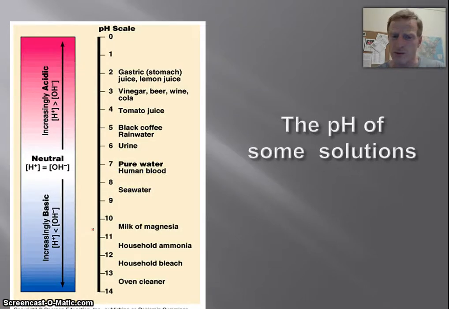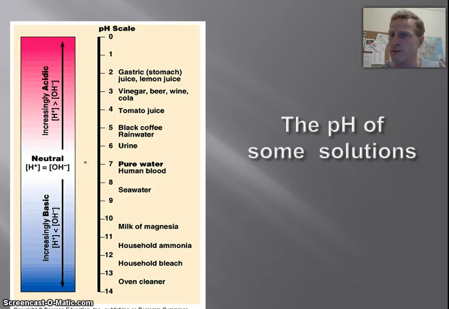Don't worry about what 0 to 14 means exactly. We'll get into that. You'll get into that in chemistry next year. Just understand basically, if you have something with a pH of 7, you're talking about something that has an equal amount of hydrogen and hydroxide ions and that is neutral. Anything with a pH less than 7 is going to be an acid, and a 6 would be a weak acid.